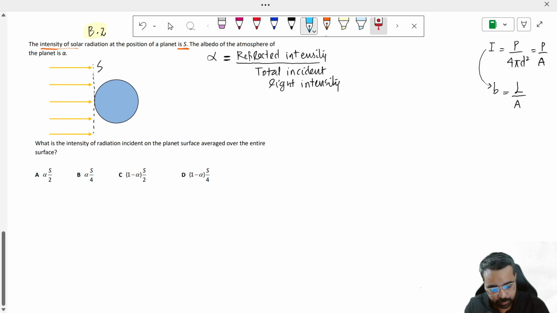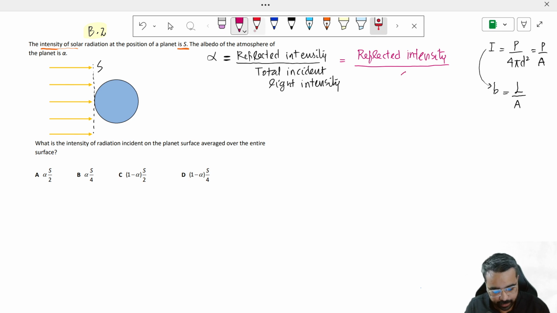So students, alpha equals the reflected light intensity divided by S, because I want to find the intensity of reflected light so that we can subtract it from the total incident light intensity. If I take the S to the other side, alpha S is the intensity of the reflected light, which is undesired.